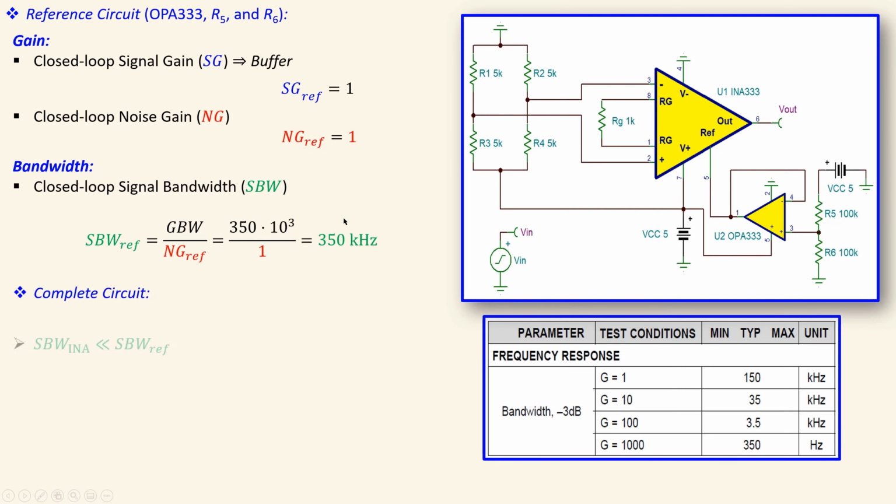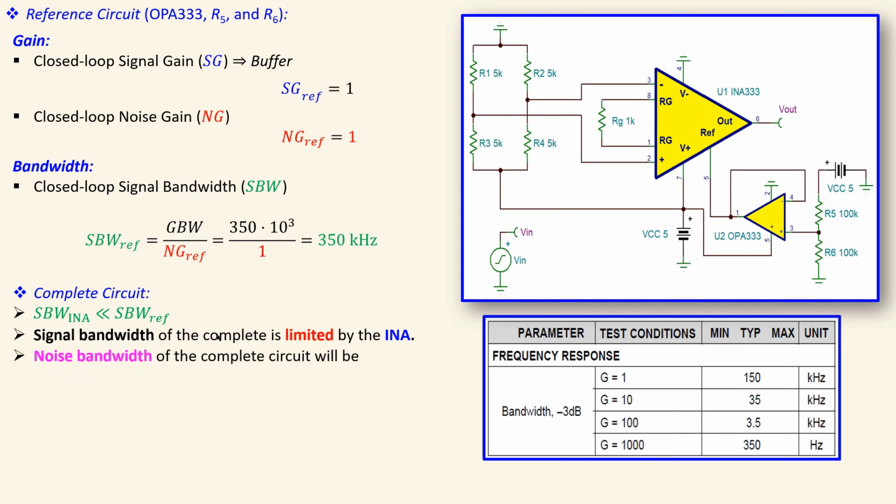So for the complete circuit, the instrumentation amplifier has a much smaller signal bandwidth than the reference circuit. That means the signal bandwidth of the complete circuit will be determined and limited by the instrumentation amplifier INA333. You look at the smallest signal bandwidth, and that part will dominate and limit the total bandwidth of the circuit.